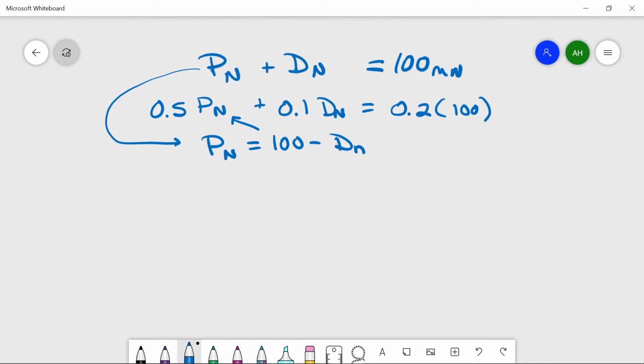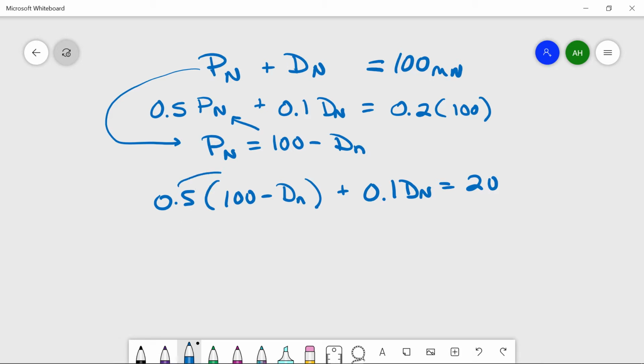All right, so now I have 0.5 times, I'm going to substitute this in, 100 minus this dumped amount, plus 0.1 dumped equals 20. Let's go ahead and multiply this out. Here, we're going to distribute, and we're going to get 50 minus 0.5 dn plus 0.1 dn equals 20.